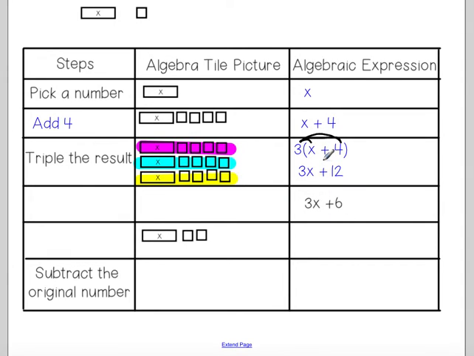So we have to figure out how we went from 3x plus 12 to 3x plus 6. What did we do? Well, the x's stayed the same, so I can just take my 3x's and put them there. And then I still have 6 tiles.